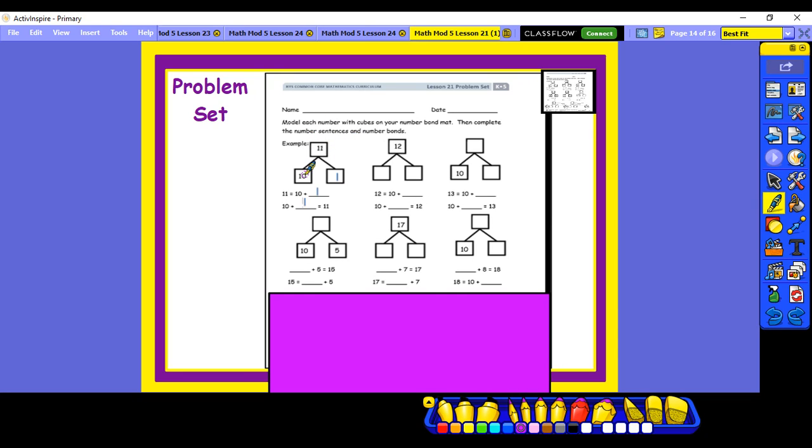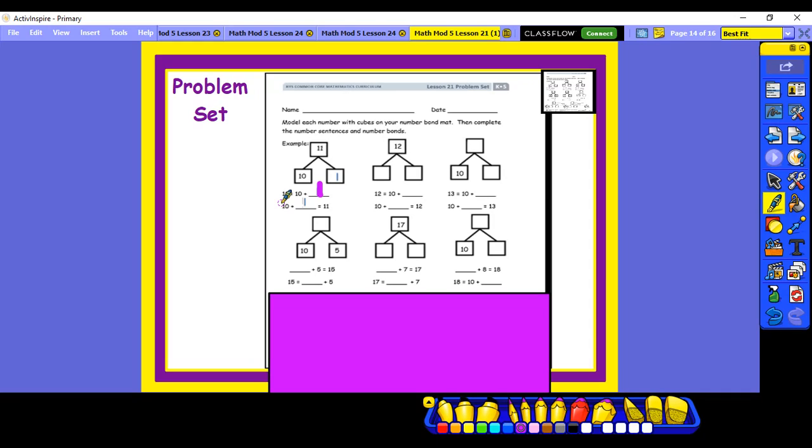One part was 10, but we were missing the other part. I know that 11 is 10, 1, so we must be missing the 1. Then in my number sentences, first I see the whole is first. So it's 11 equals 10 plus, the missing part was 1.